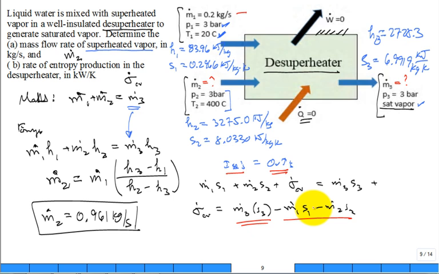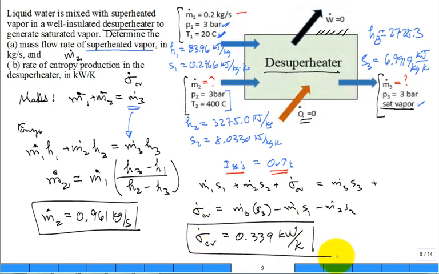That's one way of looking at that equation. Try to read your engineering equations. I know it's a little challenging when they're brand new to you, but hopefully you can think through them. 0.339 kilowatts per Kelvin. Good? Ready to move on?